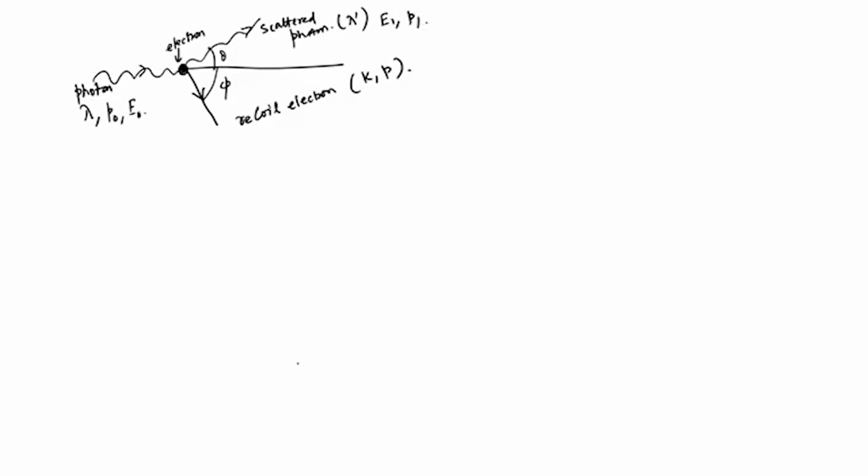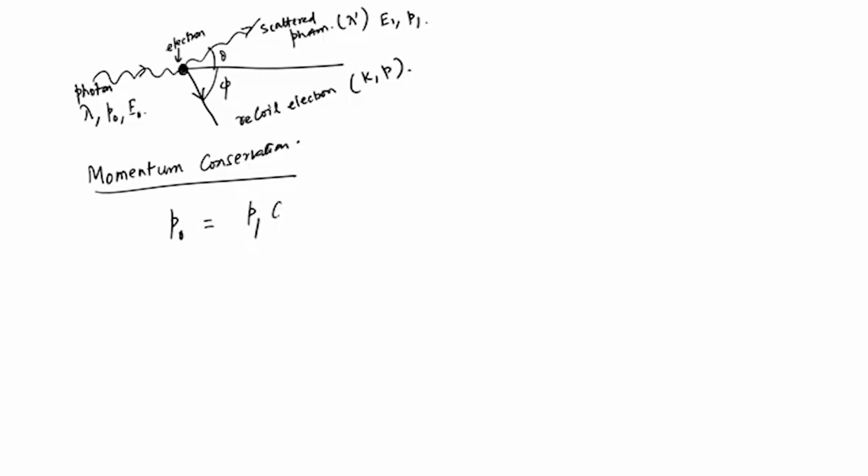Okay. So what's the momentum conservation? The momentum conservation says that it's along the direction and perpendicular to the direction of propagation. So this momentum conservation yields P0, which is the initial photon momentum. There is no electron momentum because it was at rest.